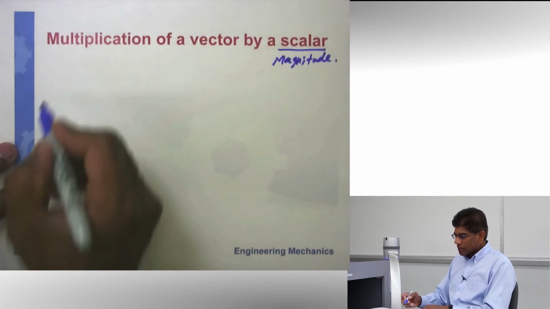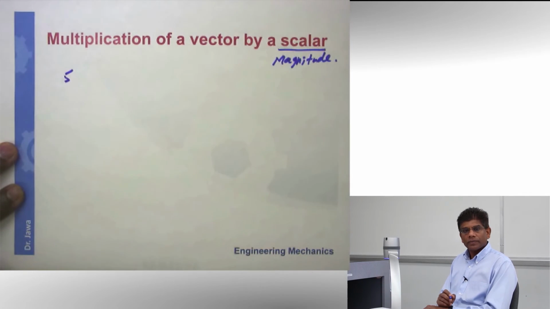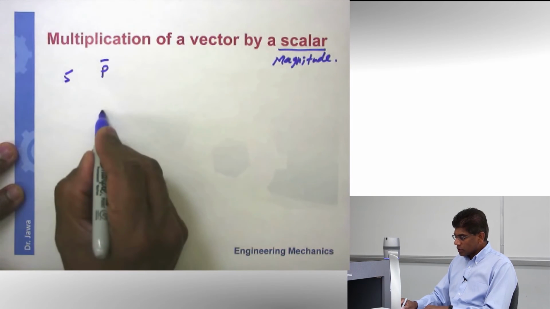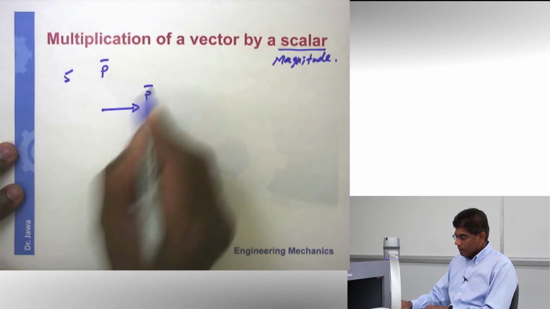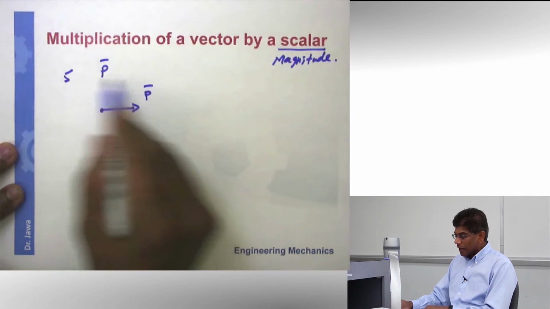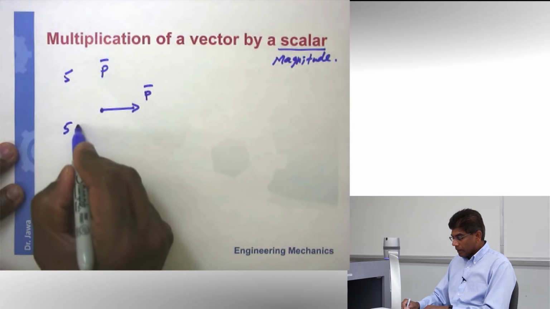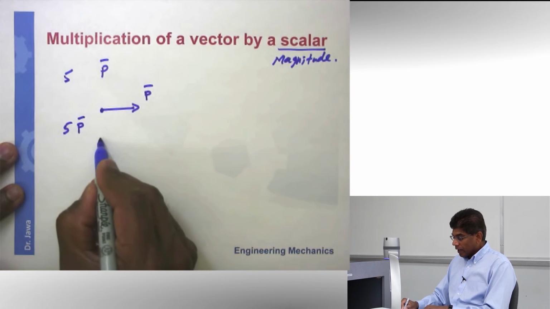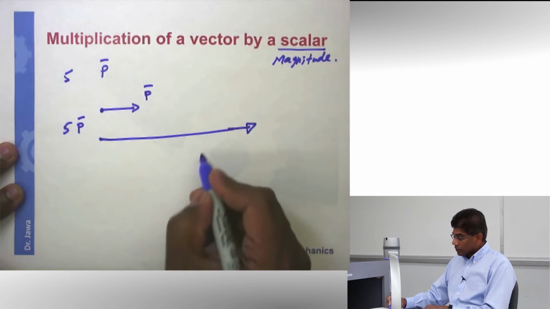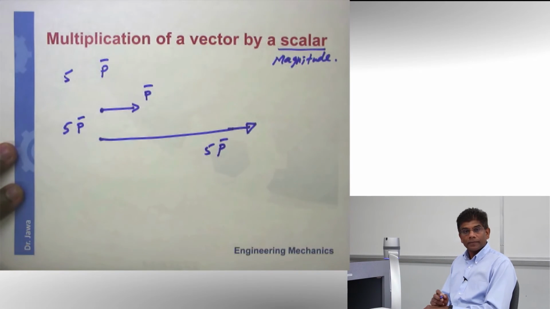So let's say we take a scalar such as 5 and multiply vector P. This is my vector P originally, meaning it's a certain magnitude and direction. Now, if I multiply vector P by a scalar, it becomes 5P, and therefore, it will become 5 times longer. So this is 5P.